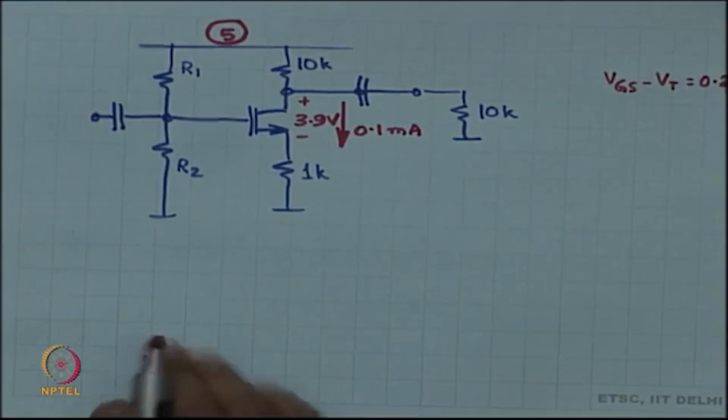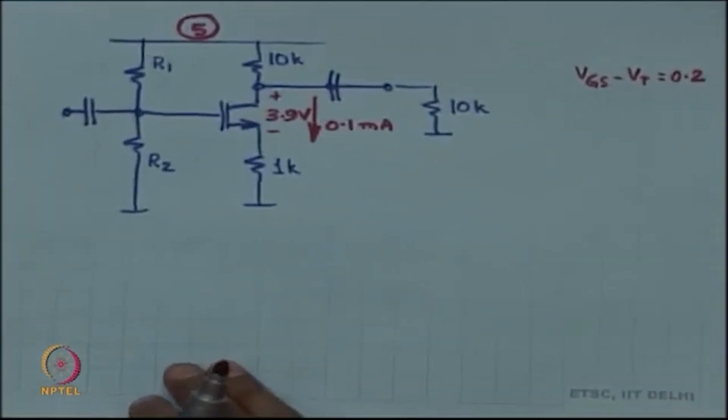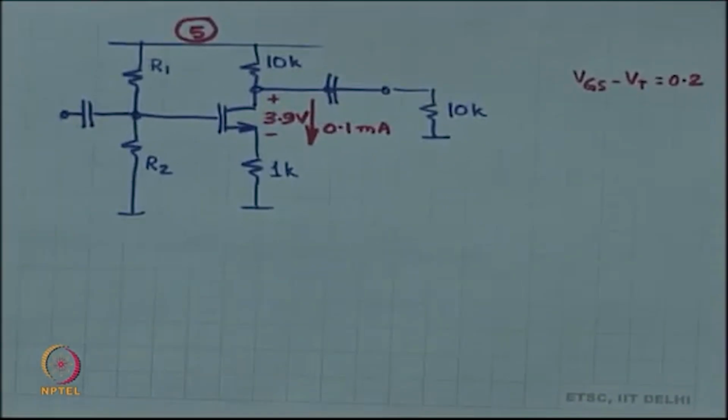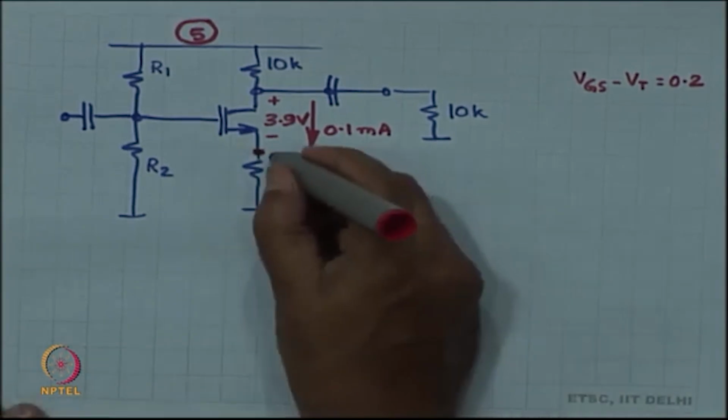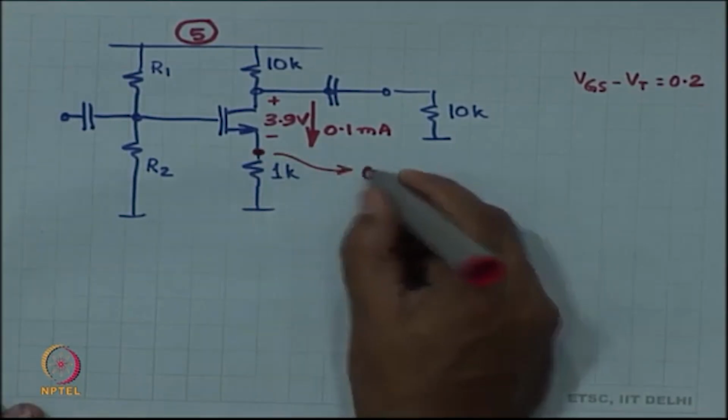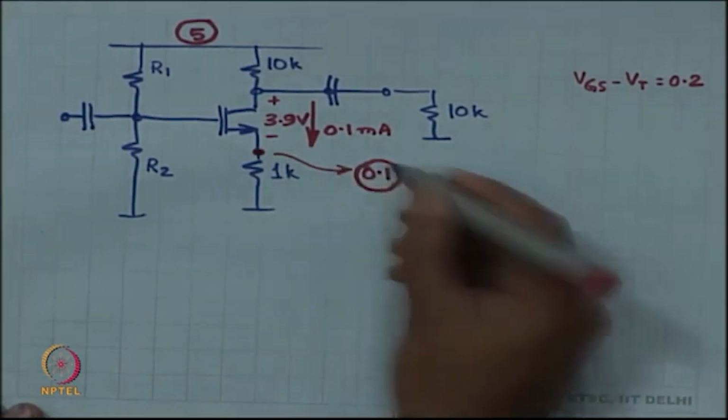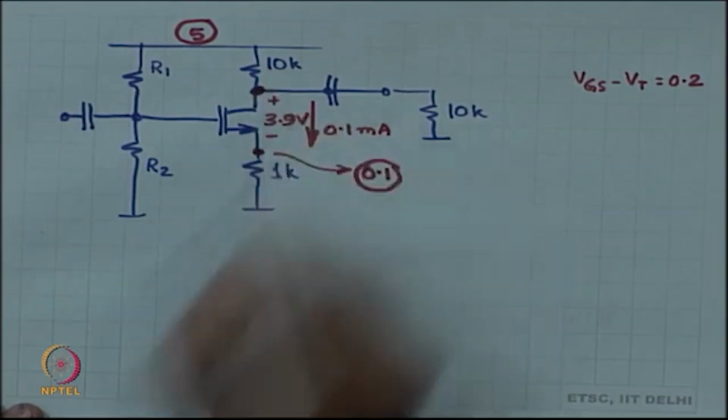Suppose, and let us say VT is 0.5 or so. So, then what is the voltage over here? The voltage over here is 0.1. What is the voltage over here?